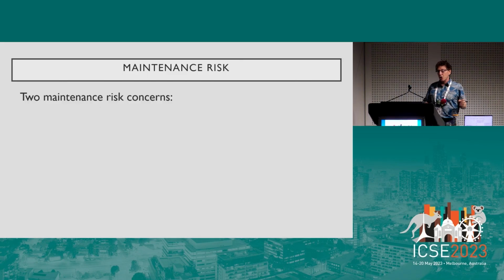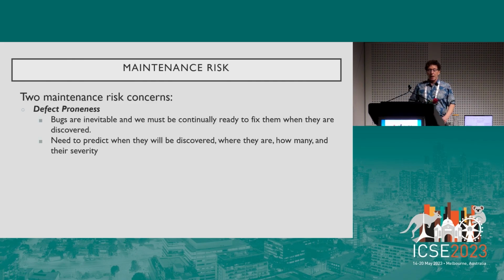And NASA has two maintenance risk concerns. Of course, they're concerned with how defect prone a particular file is. The more defect prone it is, the more effort you would want to put into analyzing, testing, code reviews, whatever you can do to minimize those bugs, to minimize the risk.